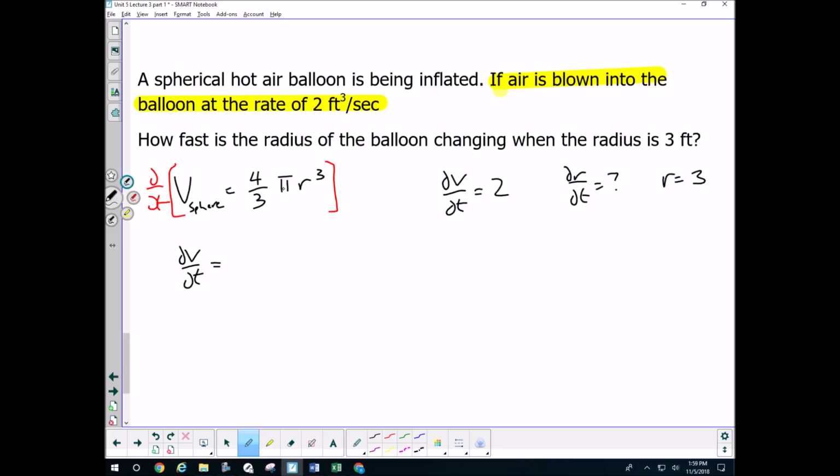Four-thirds pi, just a constant. Derivative of r cubed, 3r squared. The 3 can be multiplied by the 4/3 to just give me 4 pi r squared dr/dt. dV/dt is 2. r is 3. Trying to solve for dr/dt.